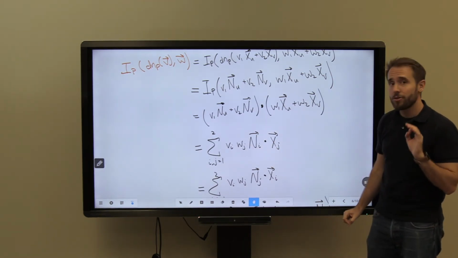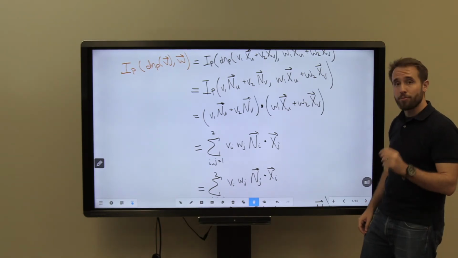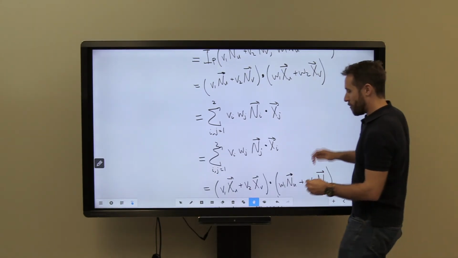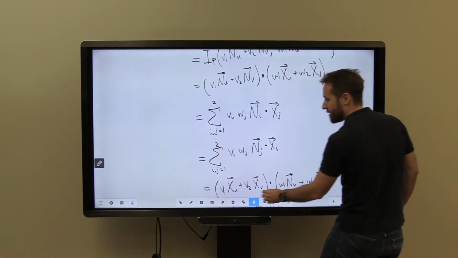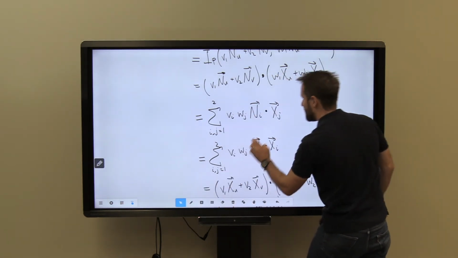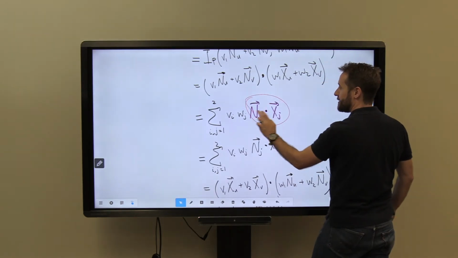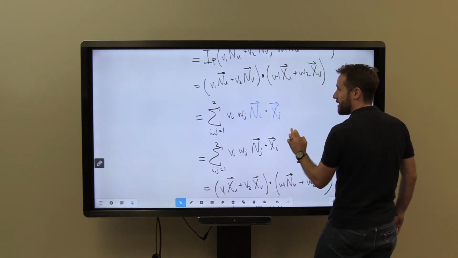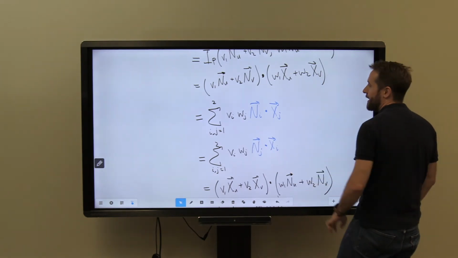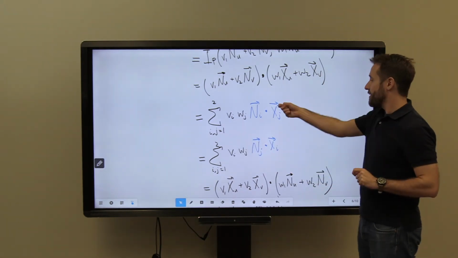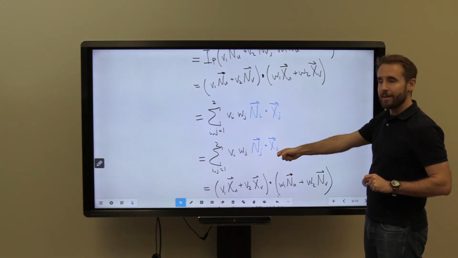Now, according to the lemma that we just proved, we have this piece here, n sub i dotted with x sub j, that is exactly equal to n sub j dotted with x sub i. So according to our lemma, this line is just equal to this line.